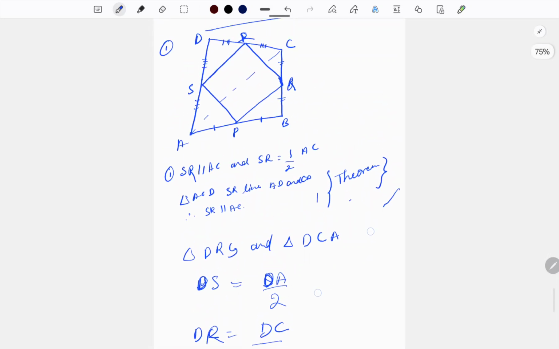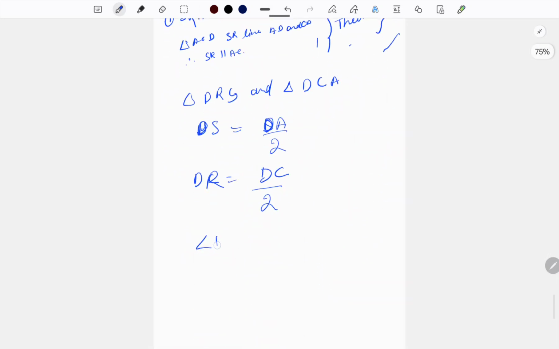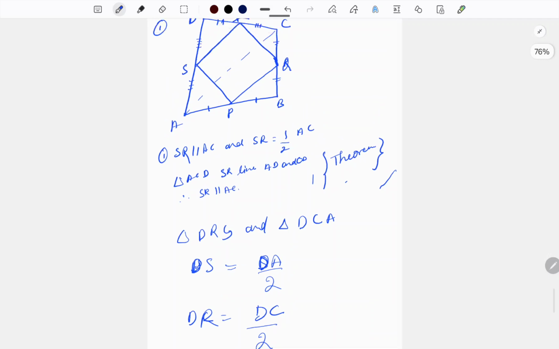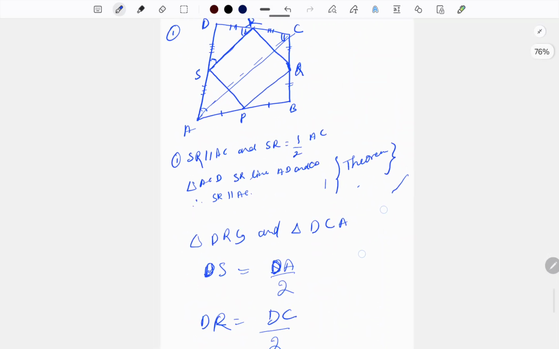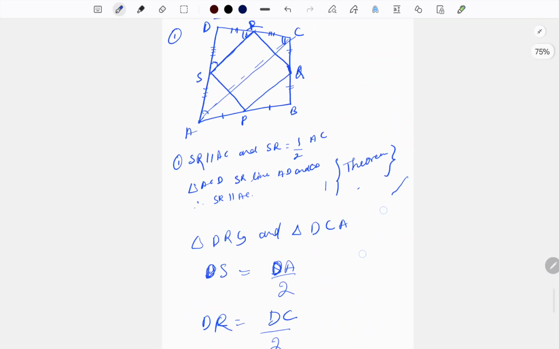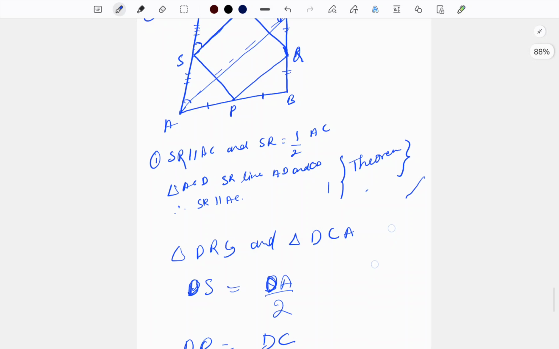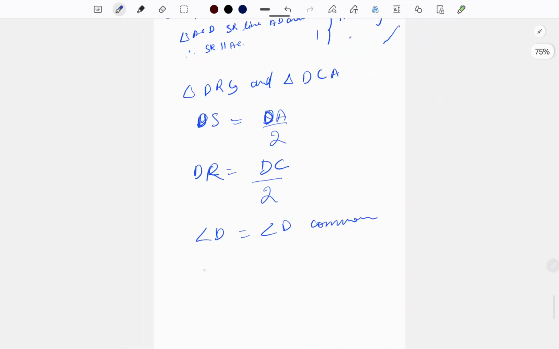Now about the angles. Angle D is common. And since from above these two lines are parallel, can't we say this angle is equal to this and this angle is equal to this? So angle DSR and angle DAC are equal.